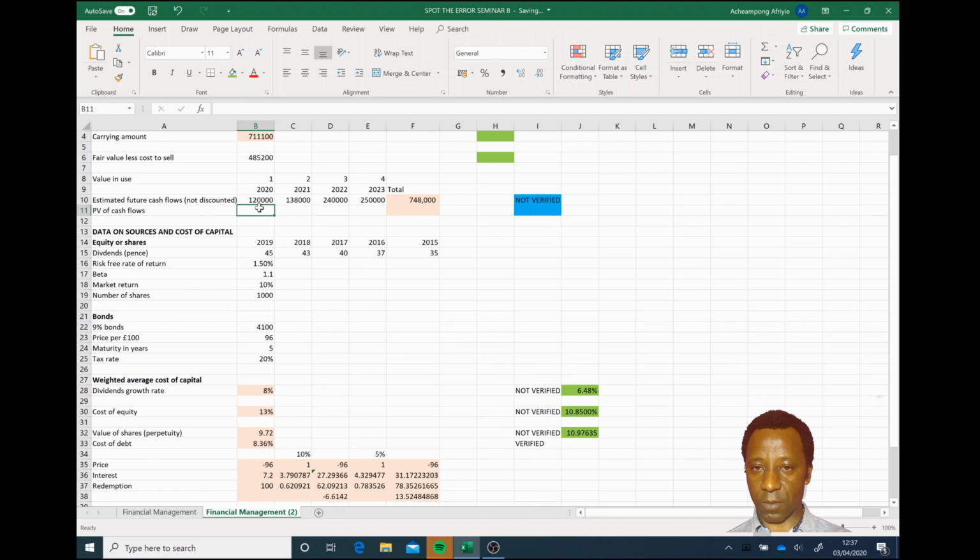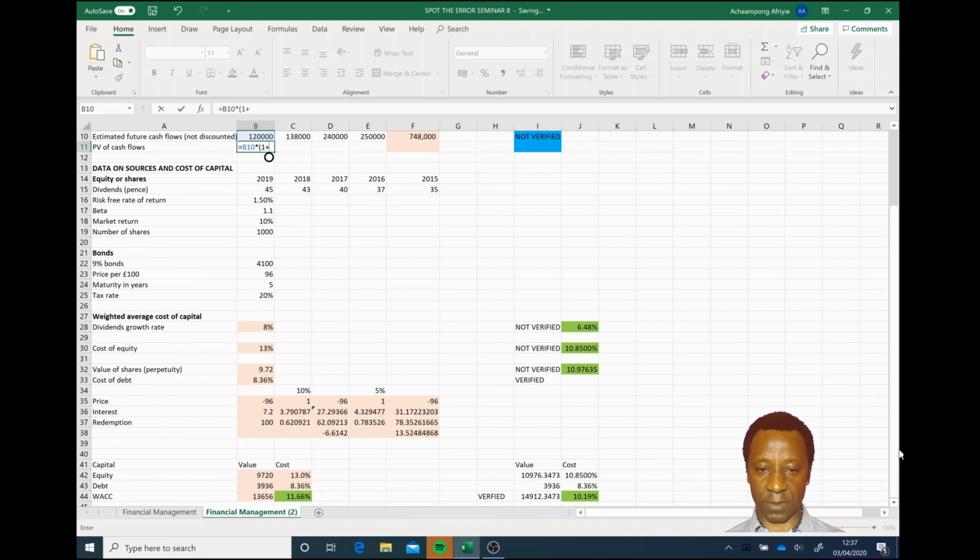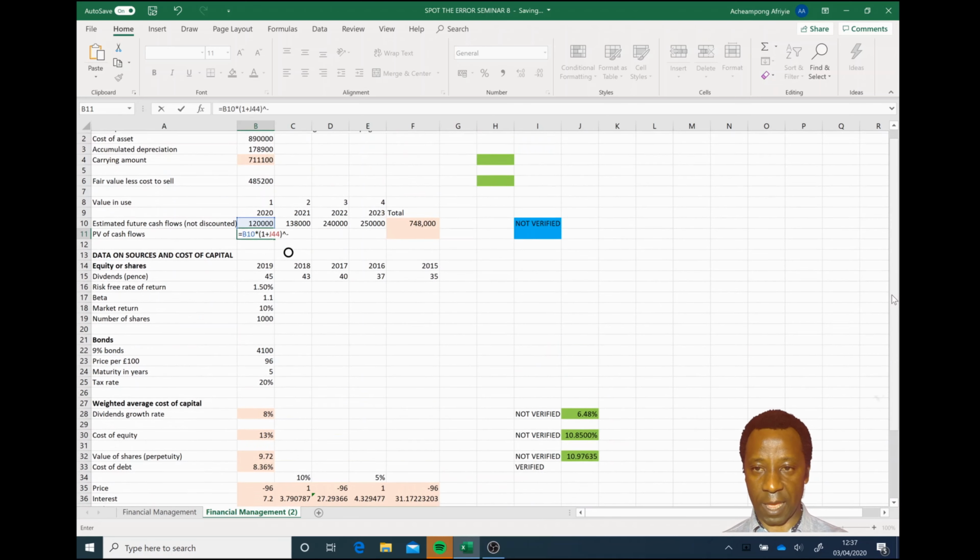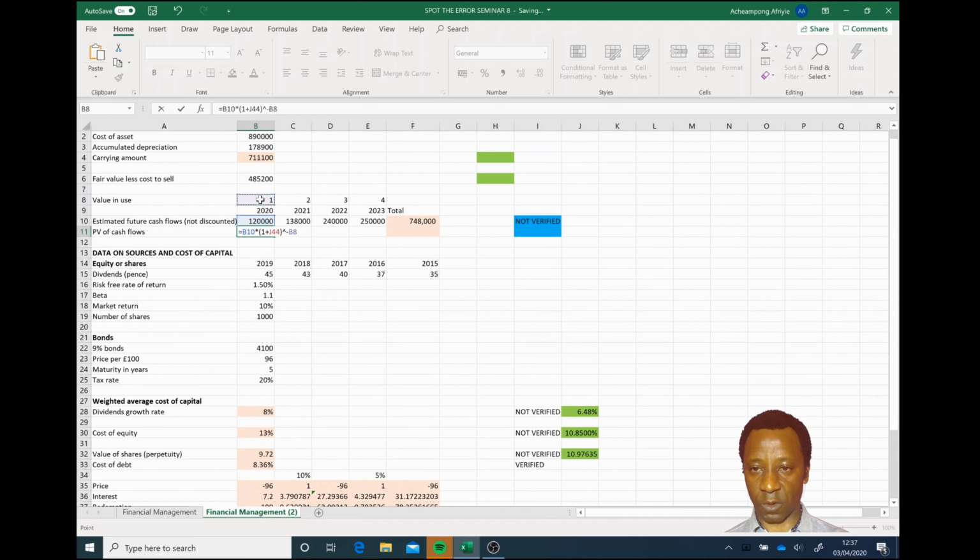If we are discounting, we just multiply each of these cash flows by 1 plus the weighted average cost of capital that we just calculated, raised to the power minus 1, which is the time that the cash flow will occur.